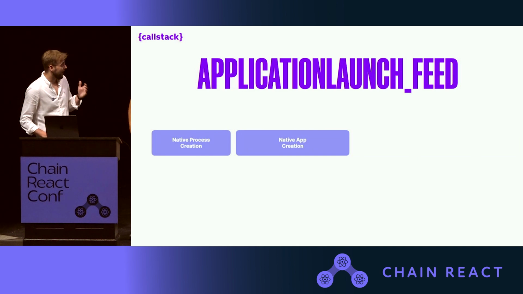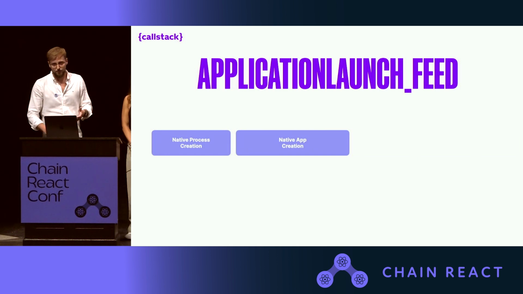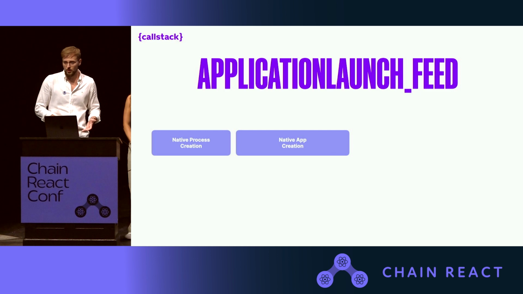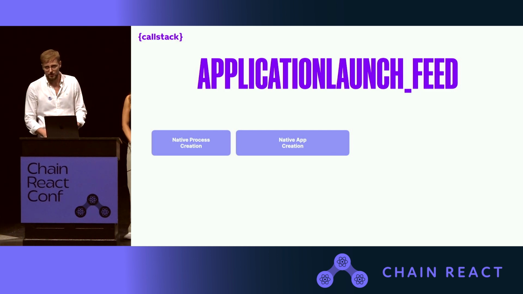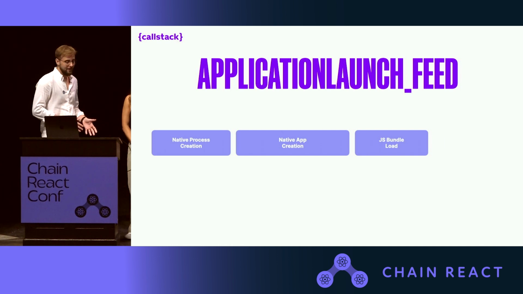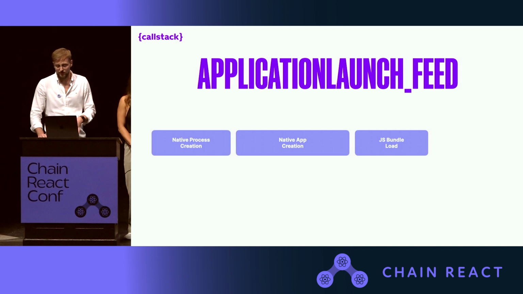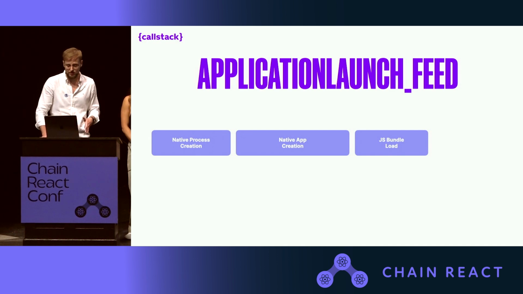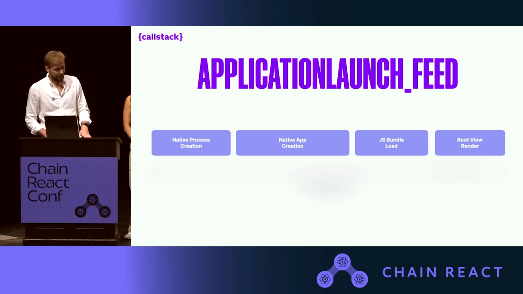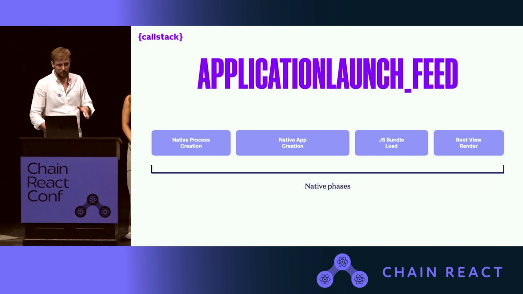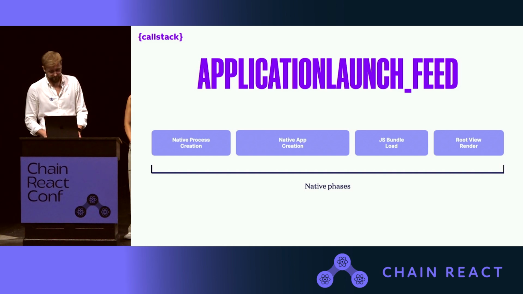Then we create an actual application, prepare everything that's necessary to render a UI, and execute our custom initialization code. Next, we load JavaScript and evaluate it. And this is the moment when your root index.js file is executed and the bridge is set up. Finally, we render native root views and the first React components come into play.